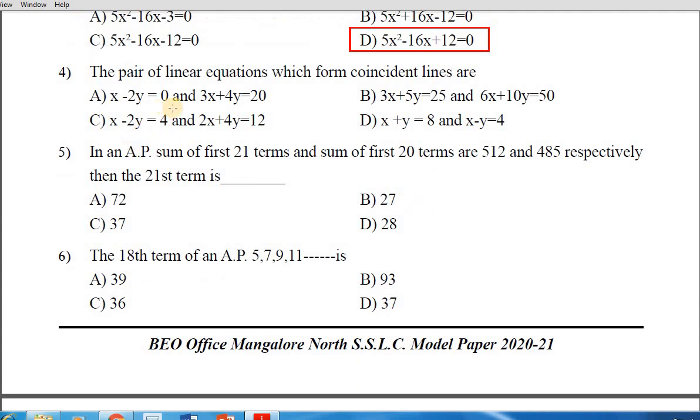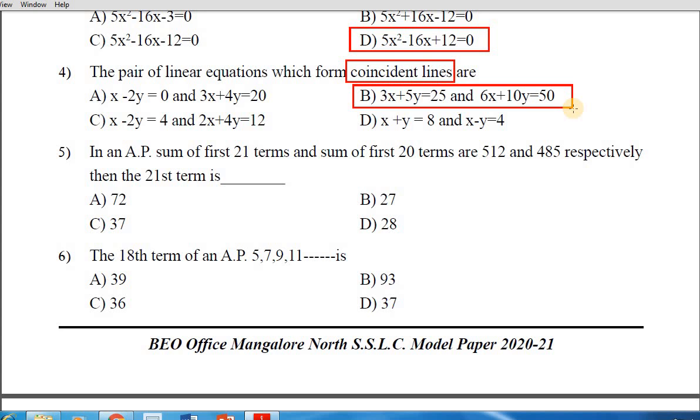Question number 4. The pair of linear equations which form coincident lines. Coincident lines in the sense all ratios, I mean A1 by A2 equals B1 by B2 which equals C1 by C2. So that will be satisfied for the equation B. Check it out here. A1 by A2 is 3 by 6, it means we get 1 by 2 only.